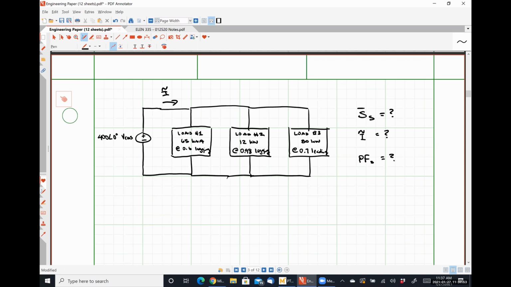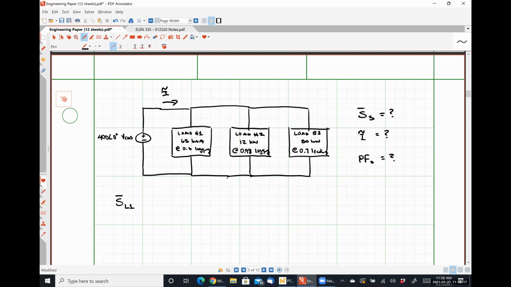And once we know the total complex power supplied by the source, if we know the power and we know the voltage, we can back calculate to get our current. Seems reasonable enough.